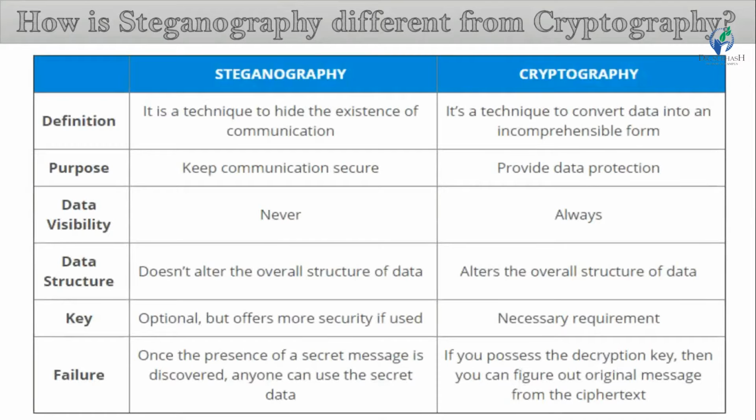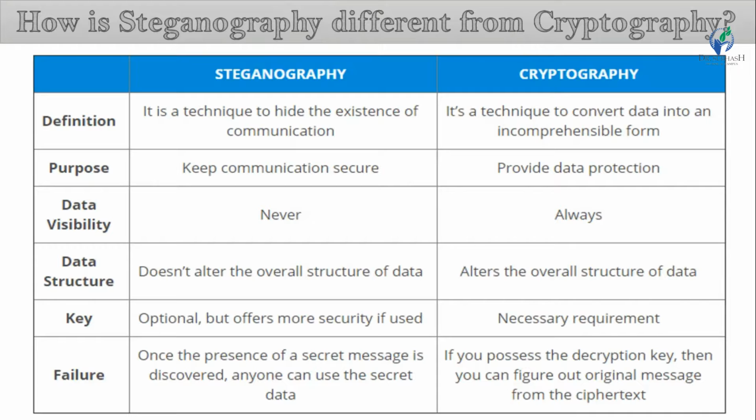The definition of steganography is a technique to hide the existence of communication. Cryptography is a technique to convert data into an incomprehensible form. Now, purpose.